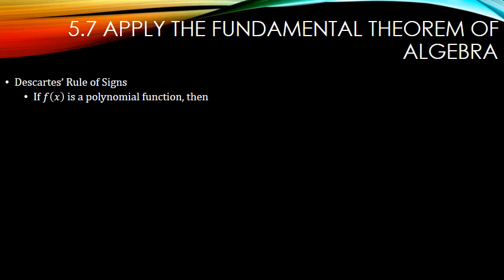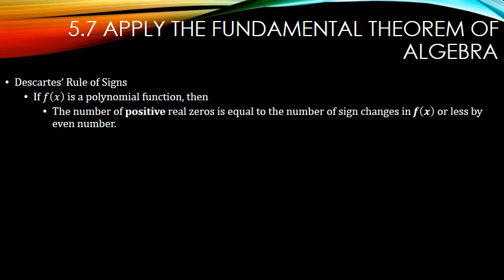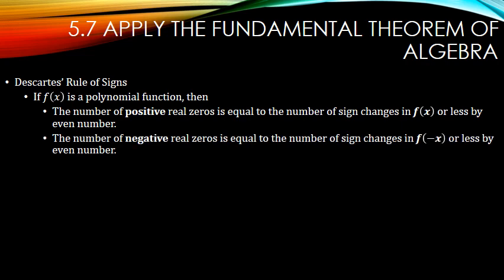If f of x is a polynomial function, then the number of positive real zeros is equal to the number of sign changes in f of x, or less by an even number. That less by an even number is for if there are some imaginary zeros, then they come in pairs.